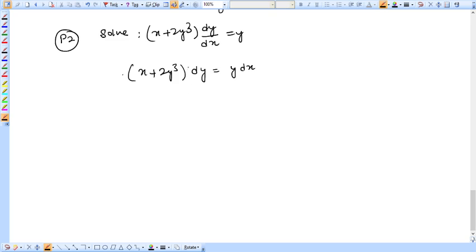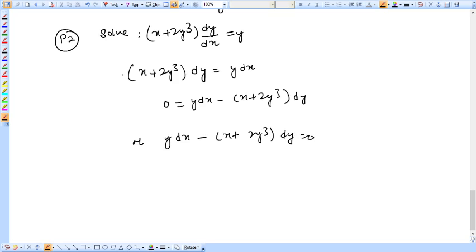Now take it to the other side: 0 = y dx − (x + 2y³) dy, or we can write it as y dx − (x + 2y³) dy = 0. Here, M = y and N = −(x + 2y³).